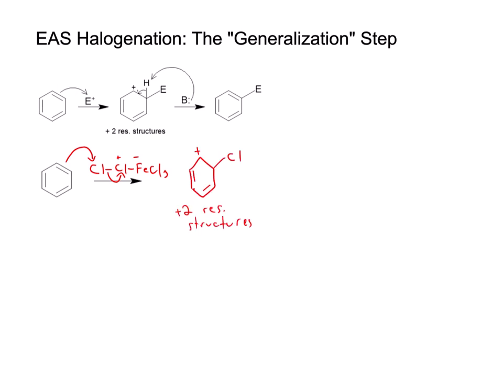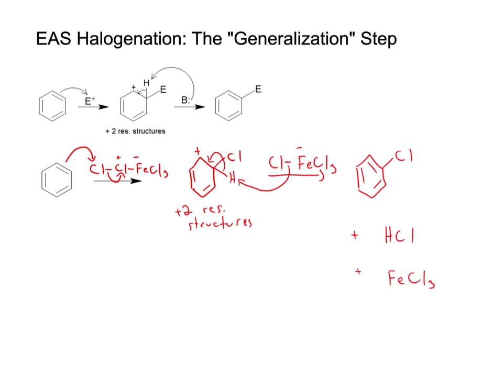Once we create the sigma complex, we can bring in the ClFeCl3 to act as the base to deprotonate the sigma complex and recreate the benzene ring. When drawing this step of the mechanism, notice that the arrow is drawn from the bond between the chlorine and the iron to the hydrogen. This breaks the chlorine-iron bond and gives us an HCl, and it regenerates our FeCl3 catalyst.